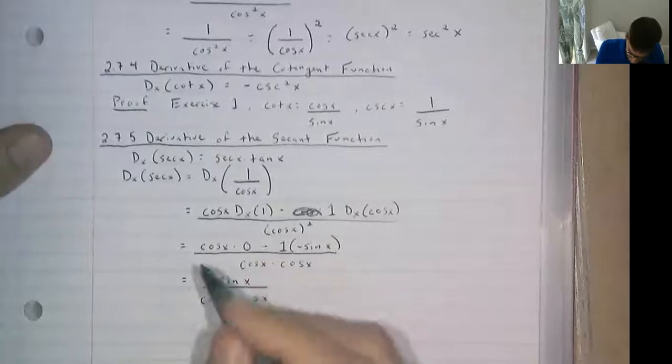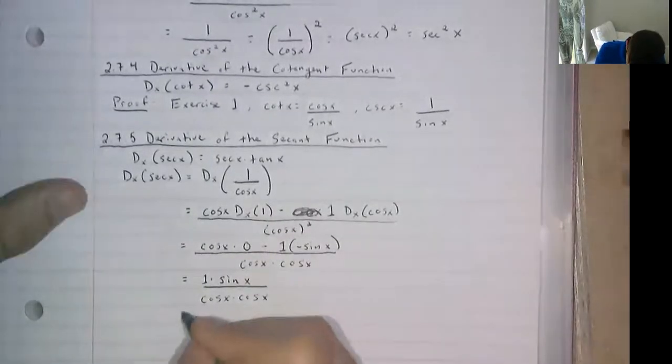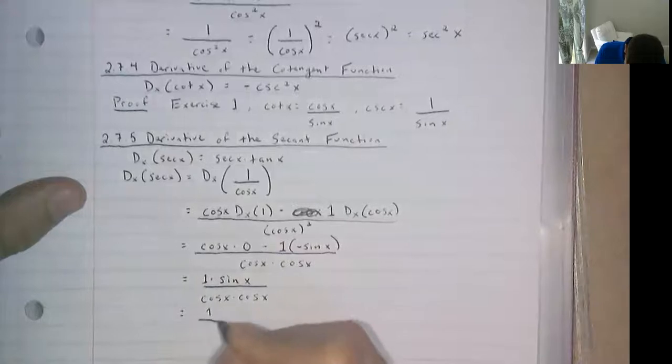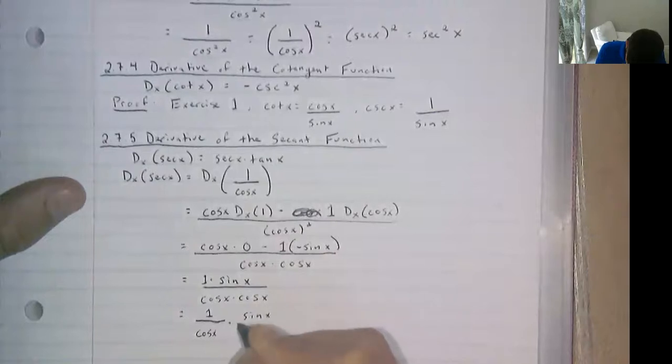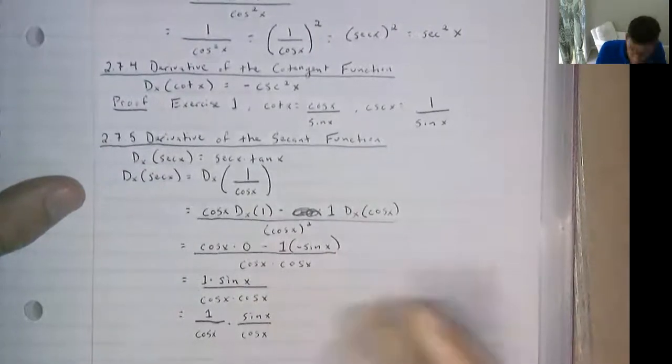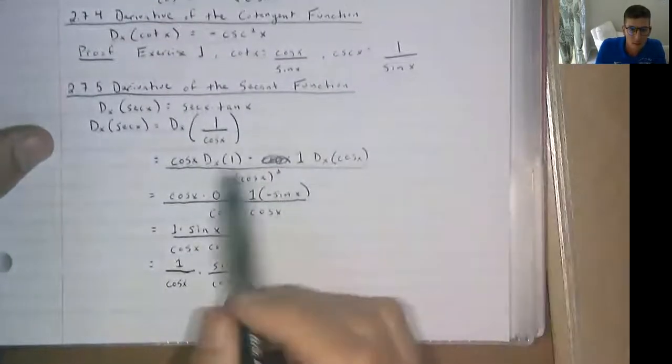Well, because now, let's just keep this 1 out here. We're going to write this as 1 over the cosine of x times sine of x over cosine of x. Well, what's 1 over the cosine of x but the secant of x?